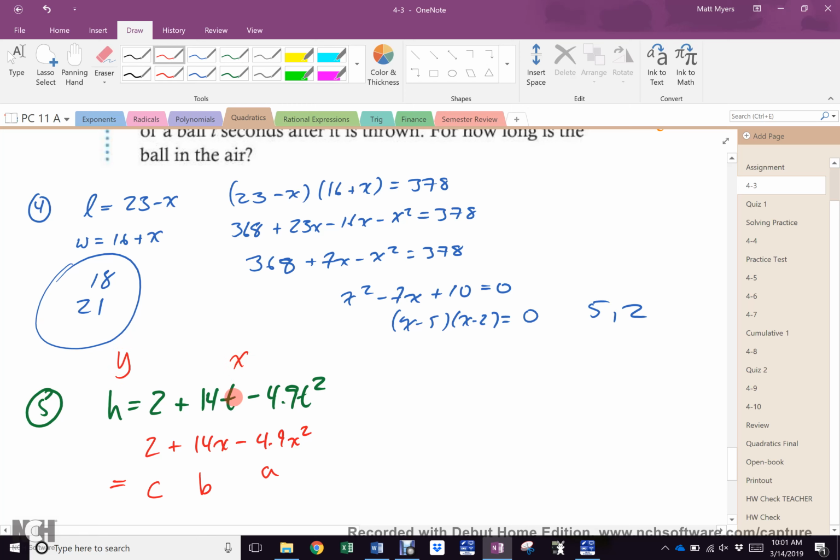T is an X value because T is the independent variable. H is the dependent variable. The longer that ball is in the air, or the less amount of time that ball is in the air, the height will depend upon that time, right? So, even if you didn't see X's and Y's and zeros, you can bring previous knowledge to the party, and then you could do this, right?